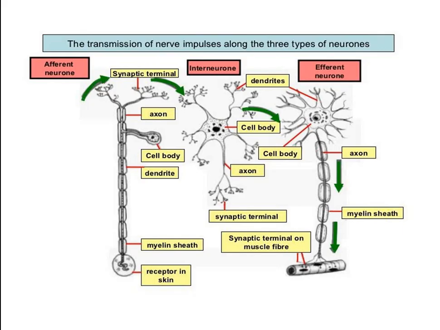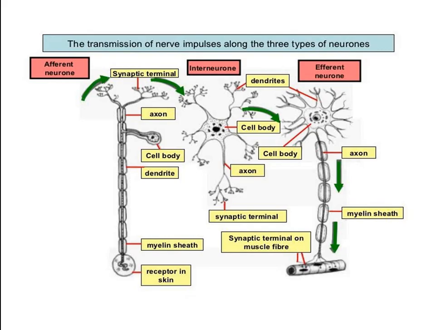impulse transmission along three neurons, like afferent neuron, interneuron and efferent neuron. The afferent neuron is connected to the synaptic knob through the axon end of the terminal, the synaptic terminal end. It leads to join the interneuron.